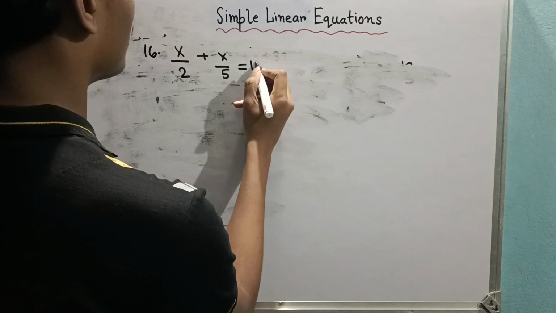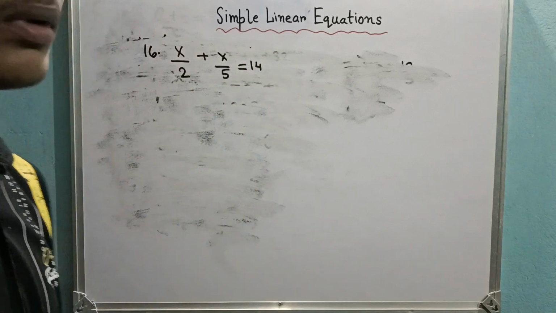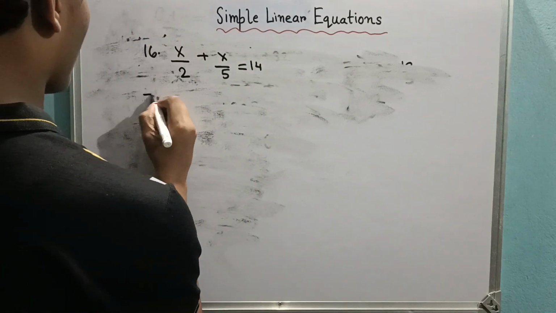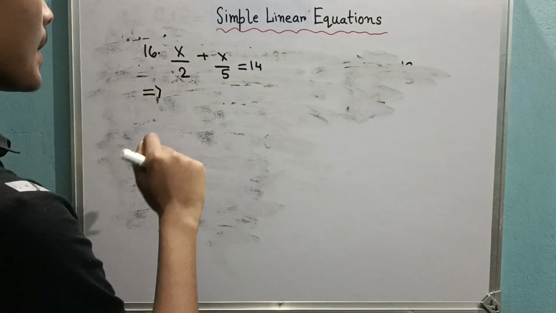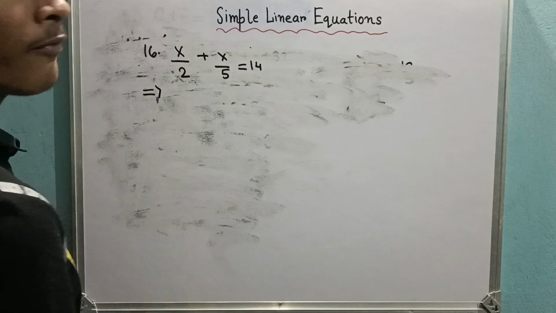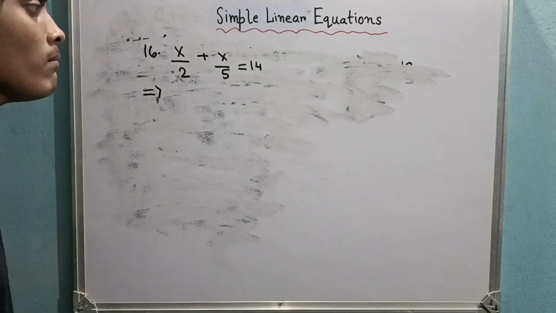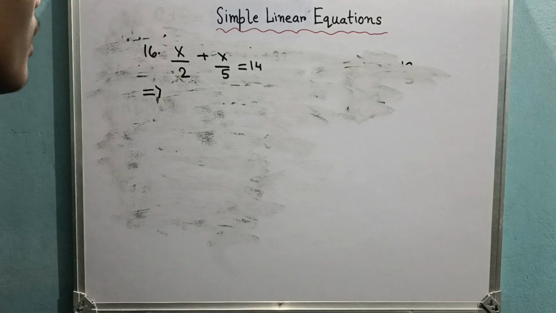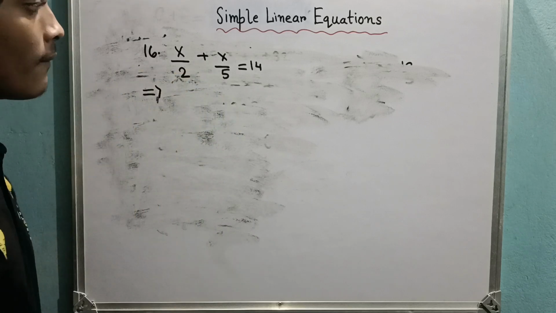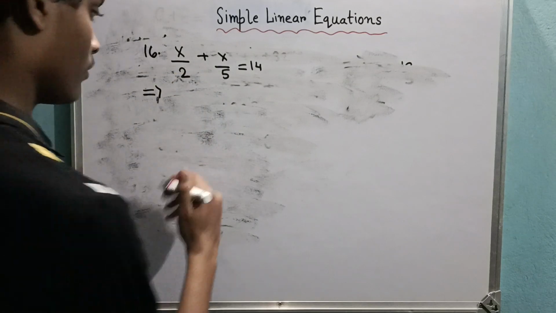Okay, so let's see. So guys, here 2 and 5, we need to find the LCM of 2 and 5. Okay, so LCM of 2 and 5, lowest common multiple, that is 10.